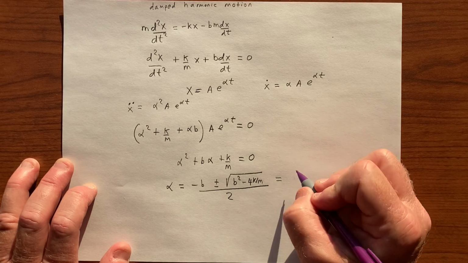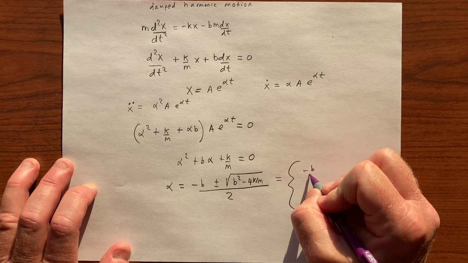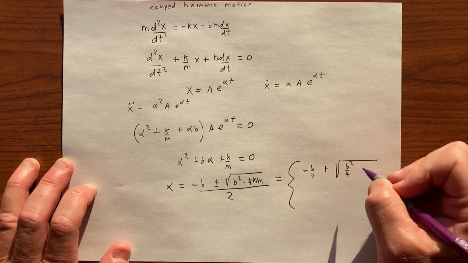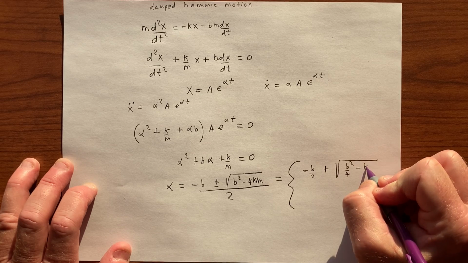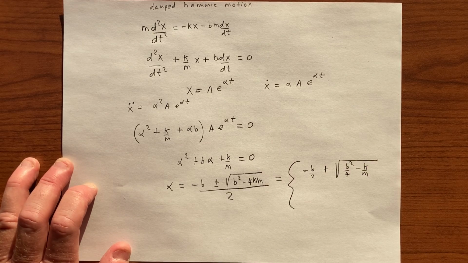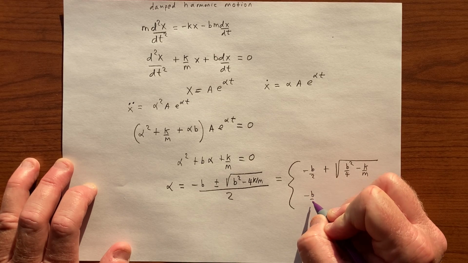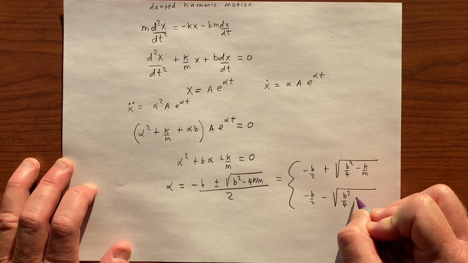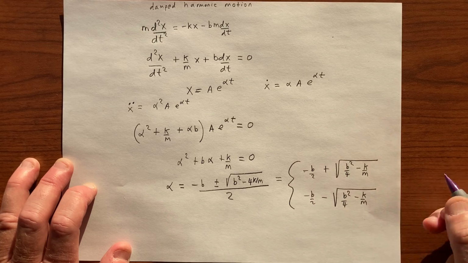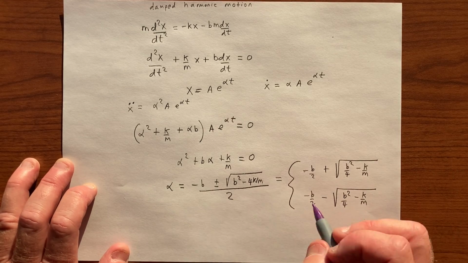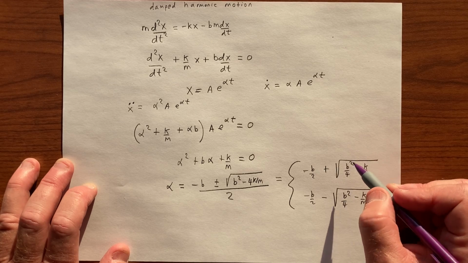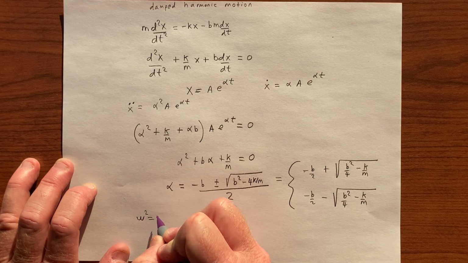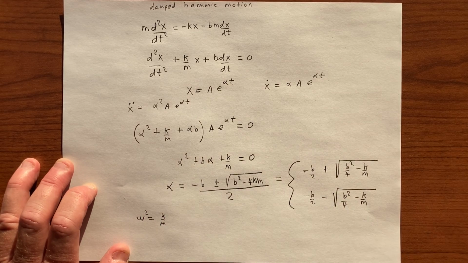And so we have two possibilities: minus b over 2 plus the square root of b squared over 4 minus k over m, and minus b over 2 minus the square root of b squared over 4 minus k over m. And so remember, we usually see omega squared equals k over m for the spring.